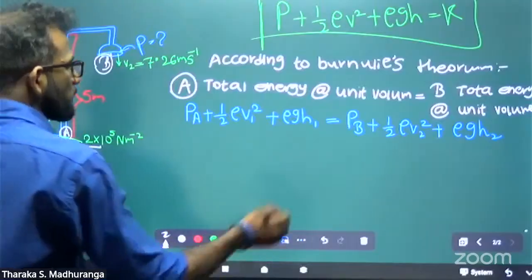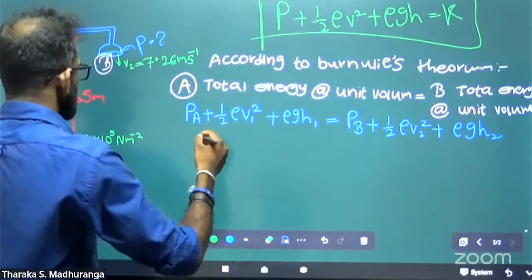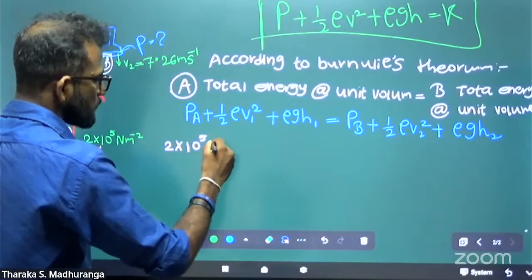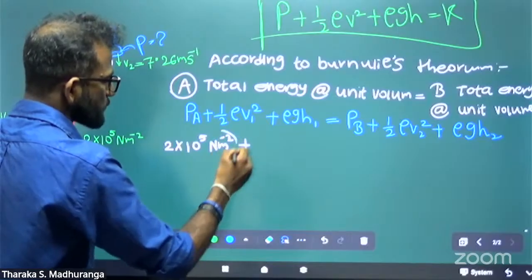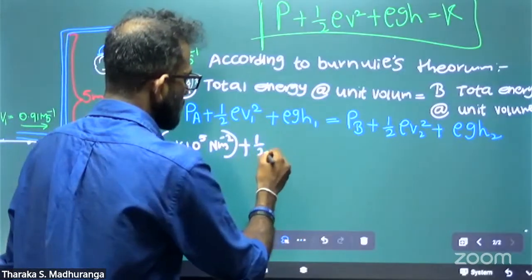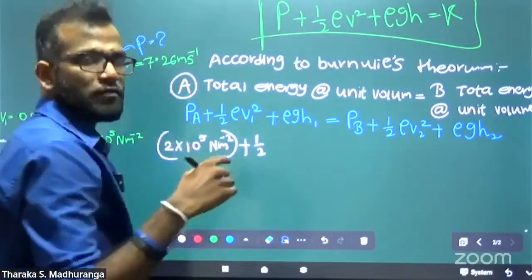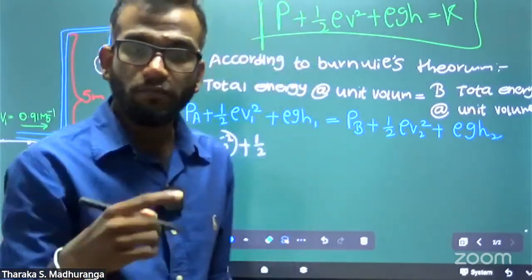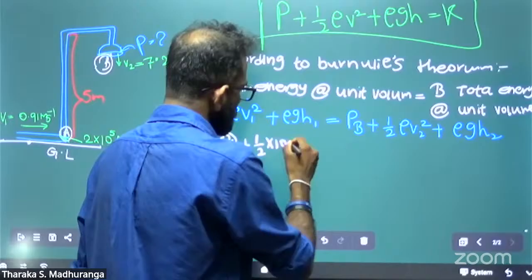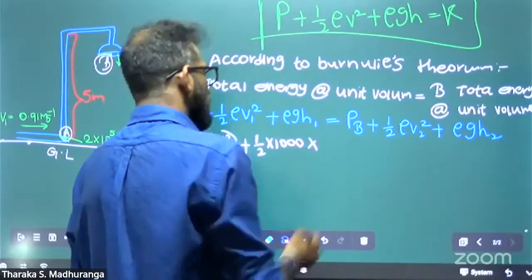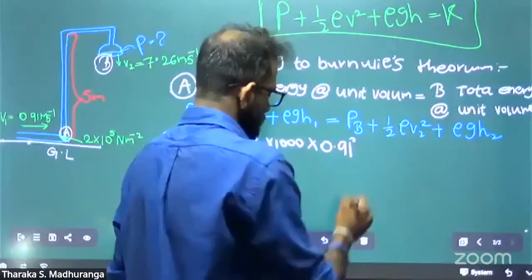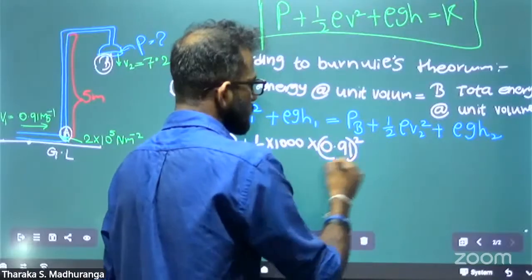Now I am going to substitute values. The PA value is 2 into 10 to the power 5 N m^-2, plus, in brackets, half rho. The question says to take water density as 1000, so I substitute 1000, times V1 squared, that is 0.91 squared, equal.